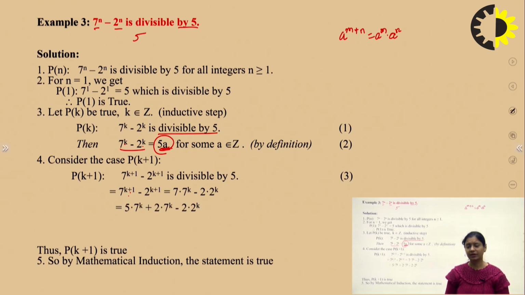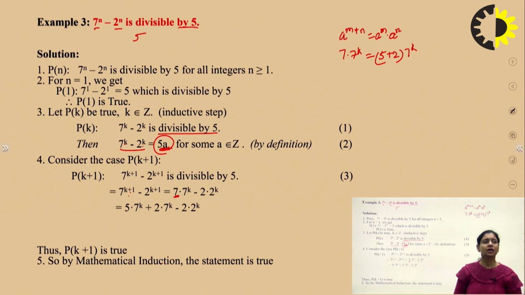Now this 7 that we are talking about can further be broken down into 5 plus 2. That means 7 into 7 to the power k is basically 5 plus 2 into 7 to the power k. Why are we doing it? Because we need to get something that is related to either 2 or 5, because we need it as a factor of 5.